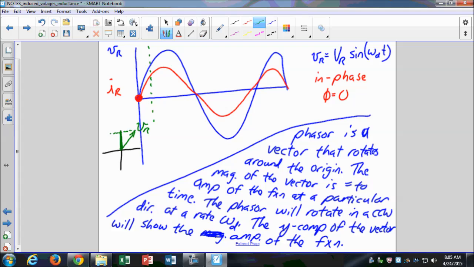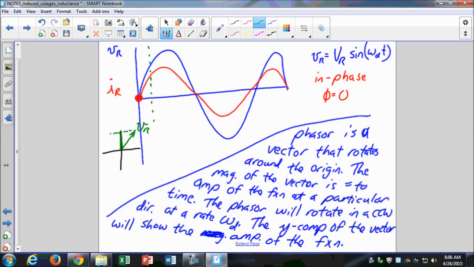So how is that phasor going to be drawn for a point over here? Now notice that my v is positive at this point, but it's decreasing. So in which quadrant will I draw my phasor? Just don't worry about the angle. It's going to be in quadrant 2.